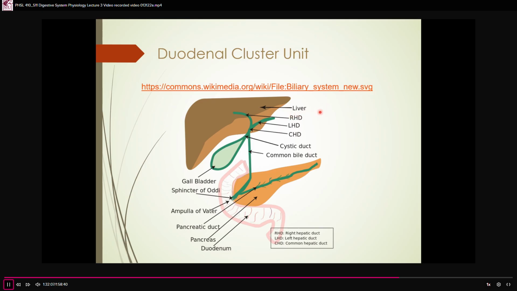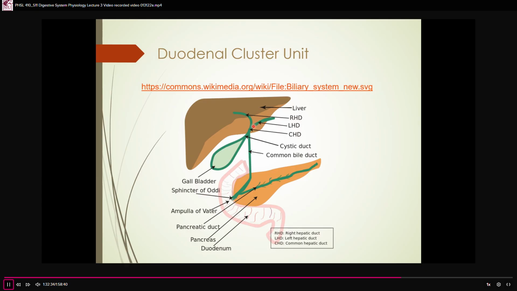The hepatobiliary system is, like I said, the liver that makes bile, the gallbladder that stores, concentrates, and retains the bile in the interdigestive between meal period. And then this complex duct system that is going to deliver that bile down into the small intestine. So this duct system is comprised of the right and the left hepatic ducts, which drain bile from the liver directly.